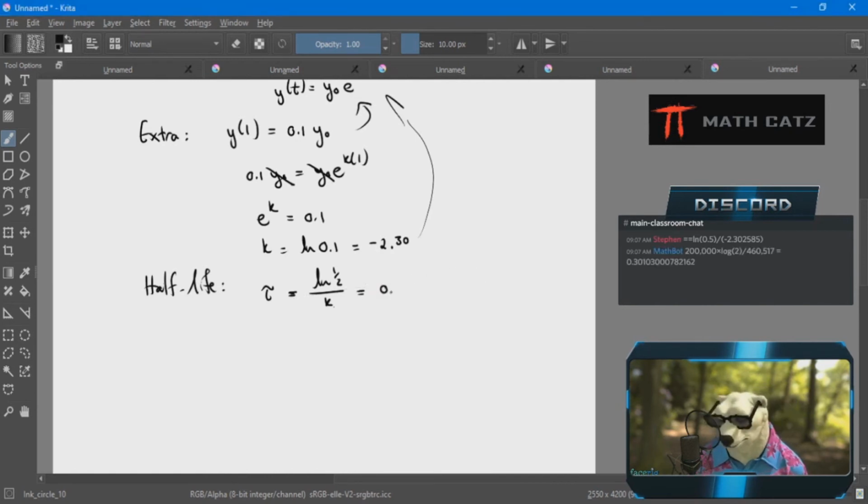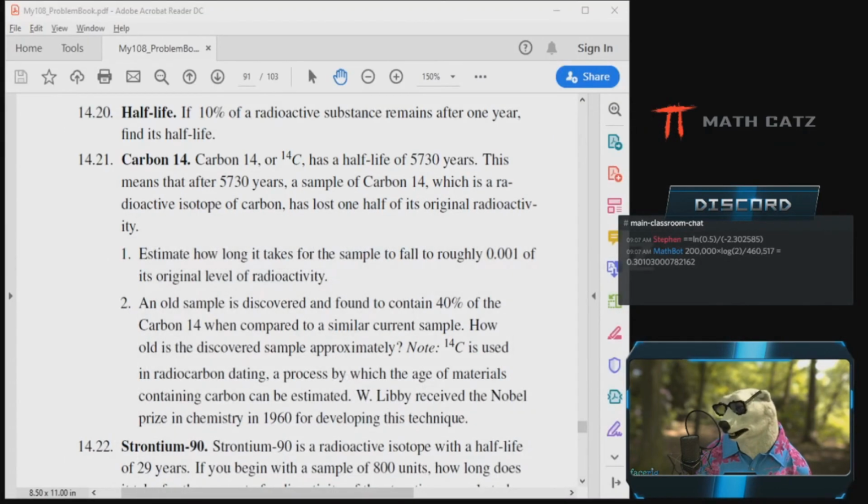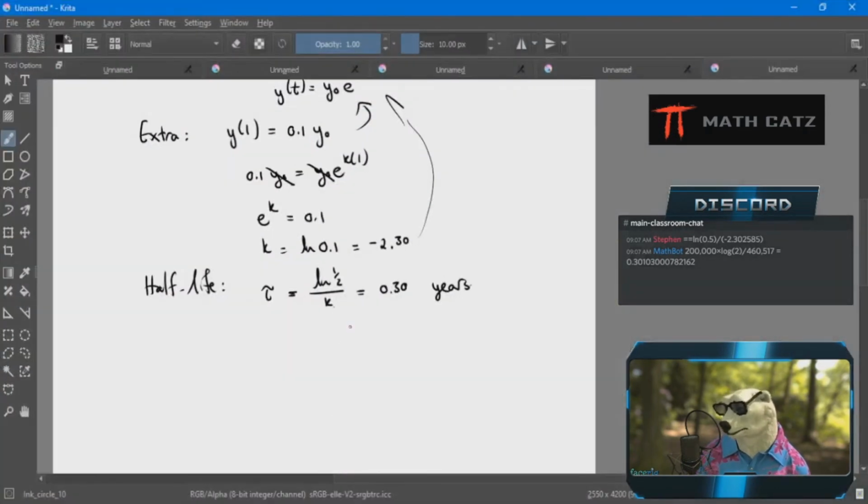Half-life is pretty short, 0.30. That'll be in years. So just under a third of a year for this substance. So it decays quite rapidly in comparison to other radioactive substances.